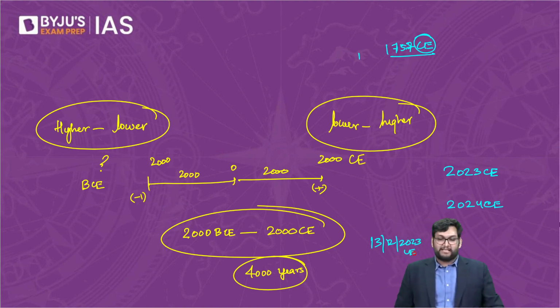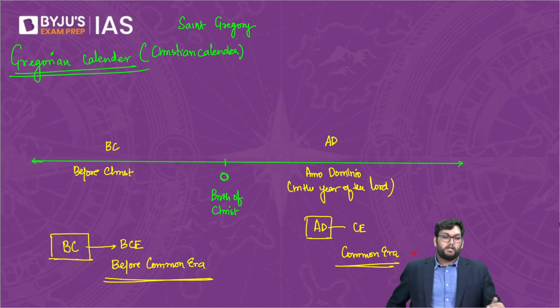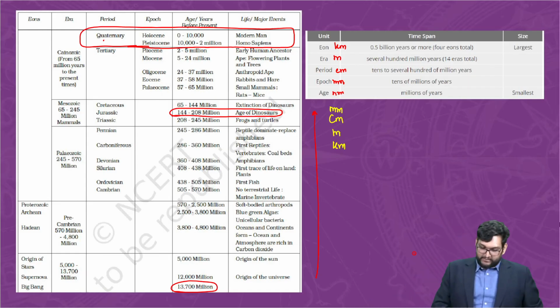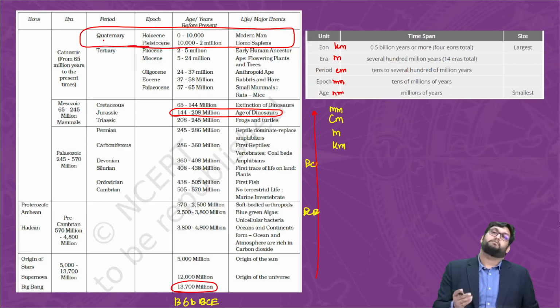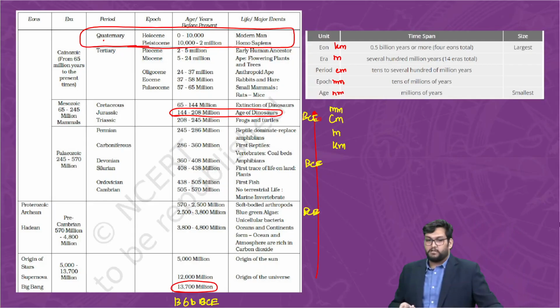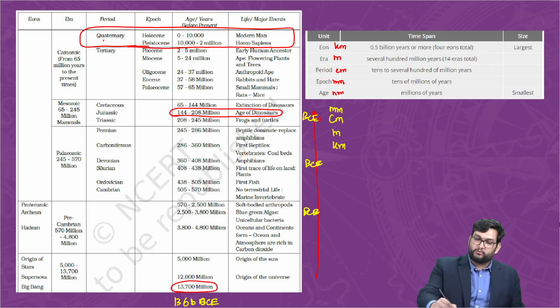So show the slide, this. So basically, this is, according to Gregory, 13.6 billion BC. Everything is in BC, according to him. So till this point, 0 to 10,000, this is still not BC only.